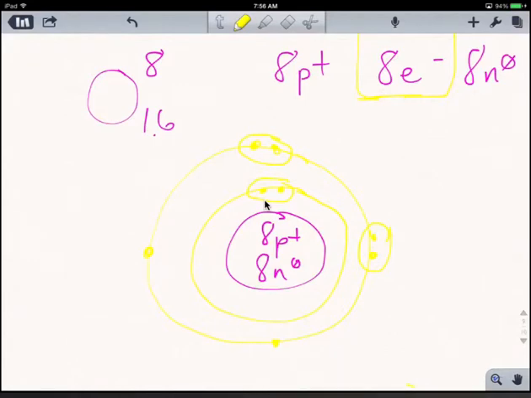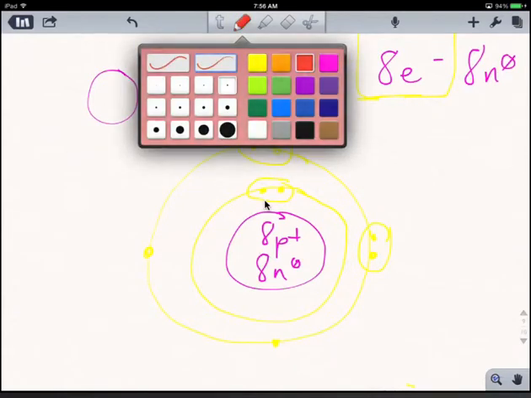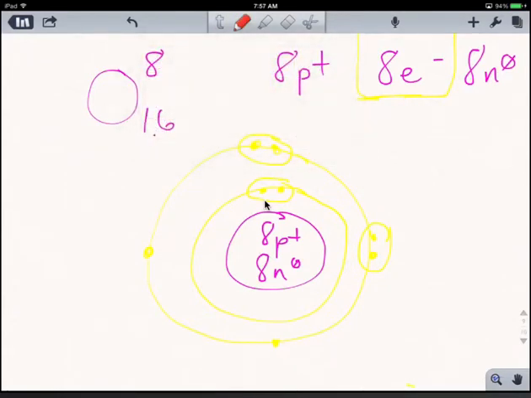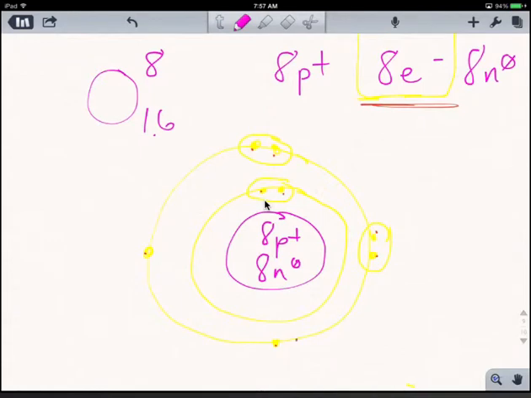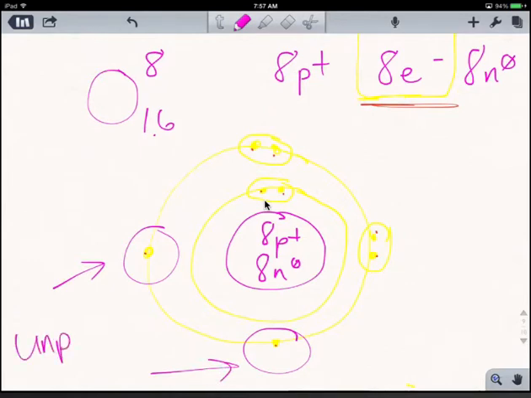Let me just back up a second. I'm going to double check and use this red. So I got 1, 2, 3, 4, 5, 6, 7, 8. Good. I used up all 8 of my electrons. So, back to my pink. I know that this one here and this one here are unpaired. Unpaired. And those are the ones that chemists look for. Those are the ones that are free to do work. They're free to form bonds with other elements.